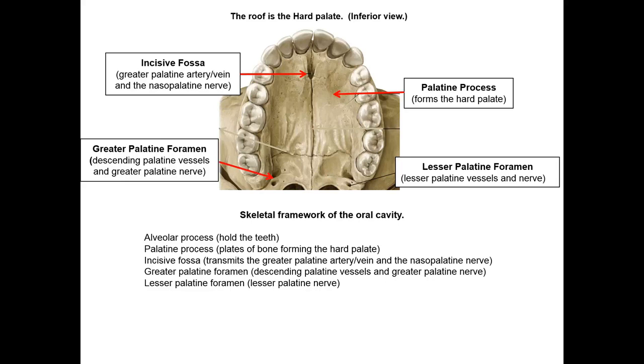Toward the back, we have a foramen that transmits the descending palatine vessels and greater palatine nerve. And just posterior to that is a smaller foramen, the lesser palatine foramen, which will transmit the lesser palatine vessels and nerve.